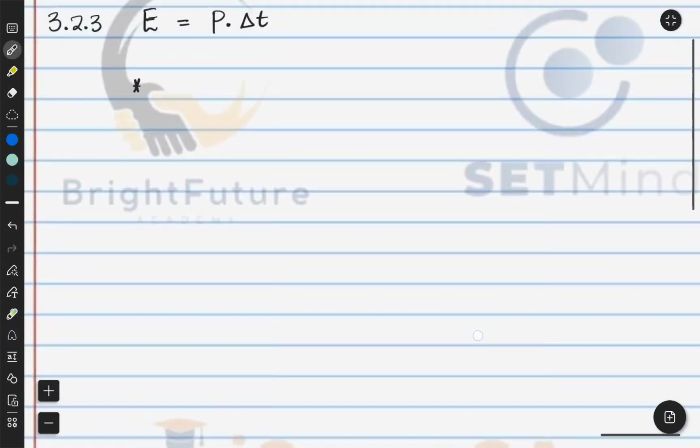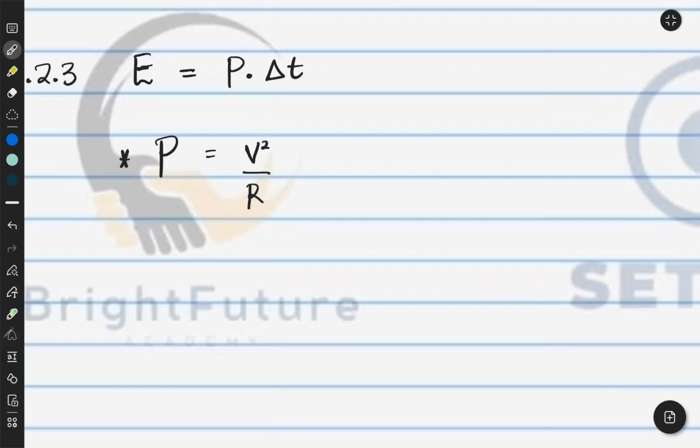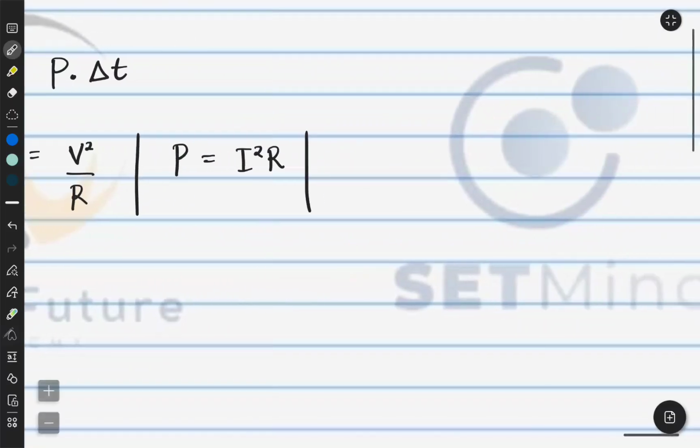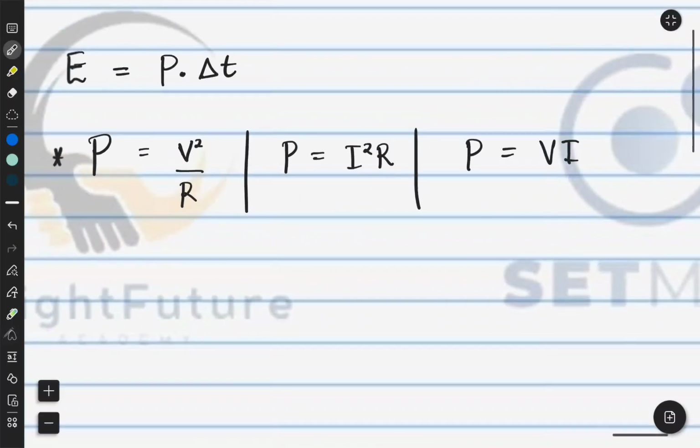So what we have to do now is think: power can either be calculated as V squared over R, or as P is I squared times R, or simply V times I. You check which one works best.